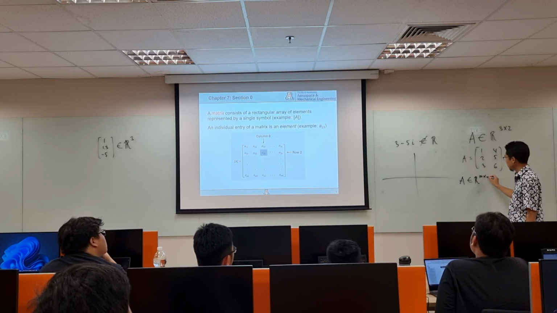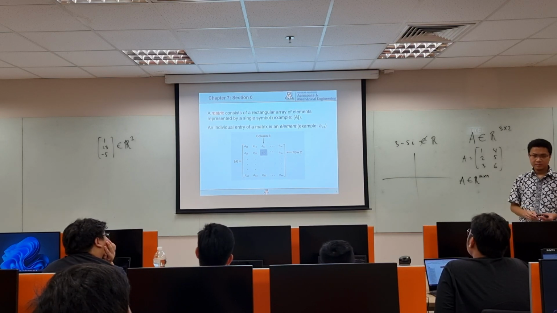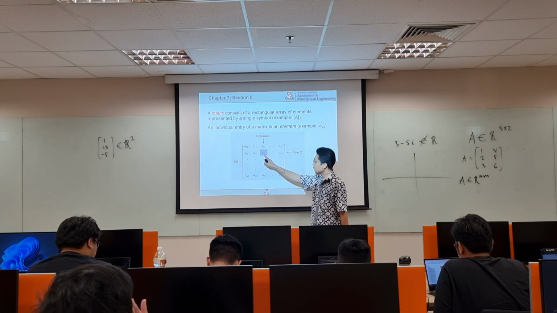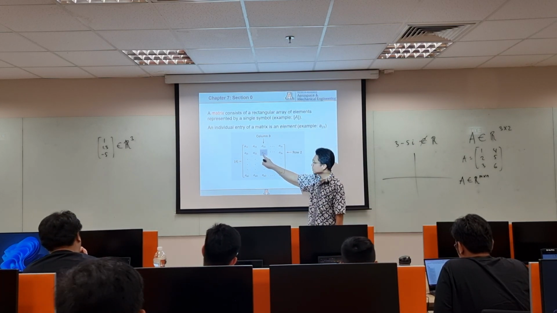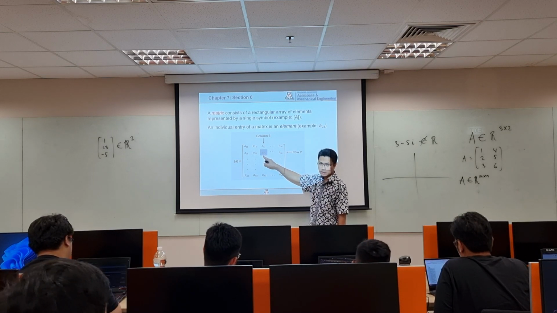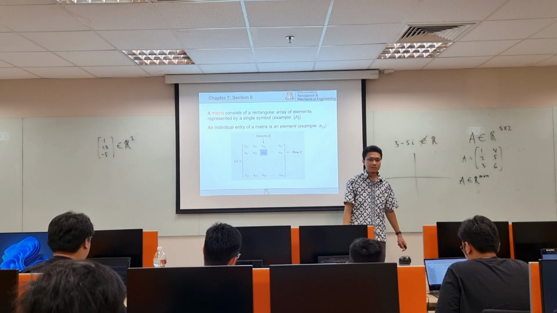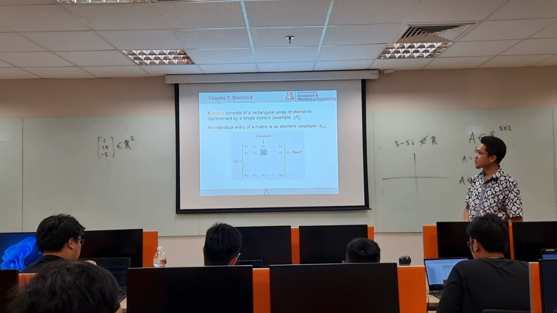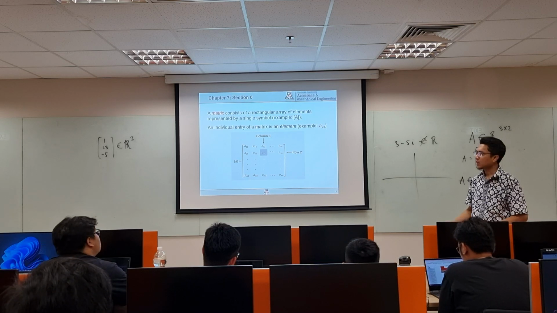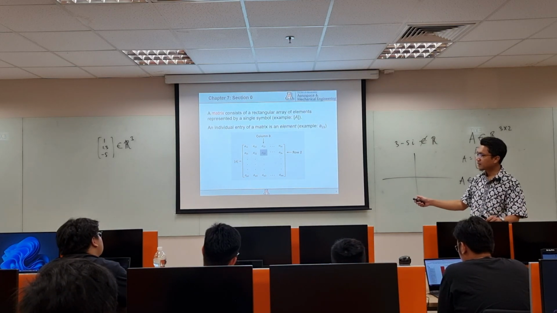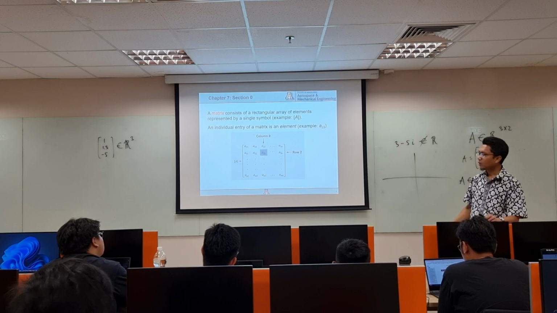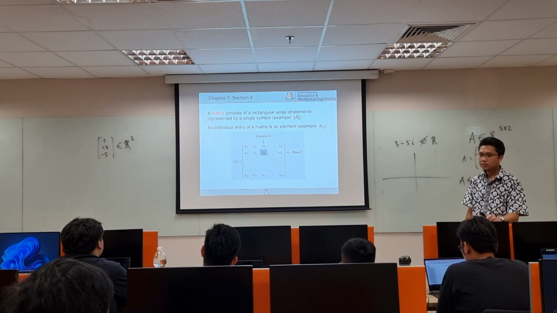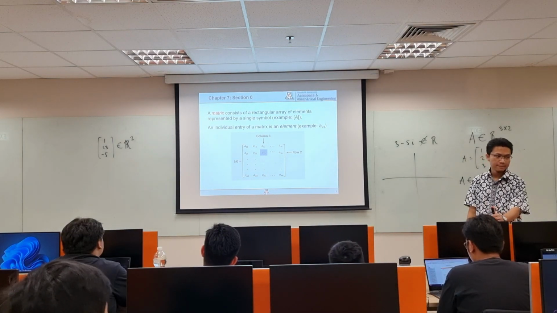N columns. So it is M by N. Okay. So when you see subscript here, the first subscript refers to the row. The second one refers to the column. Any question on this? It says that an individual entry of a matrix is an element. Also, an individual entry of a vector is also an element. We call it element.